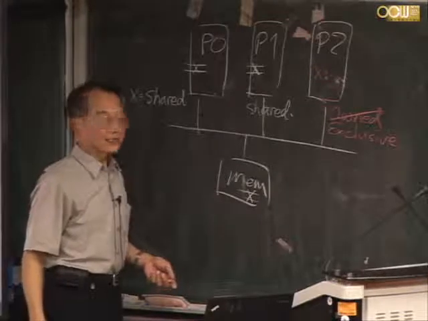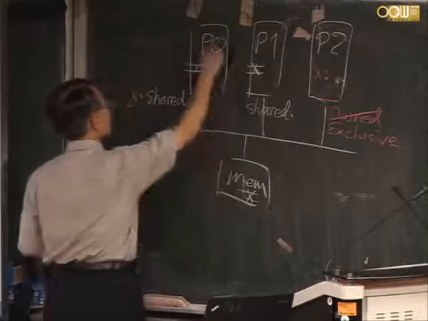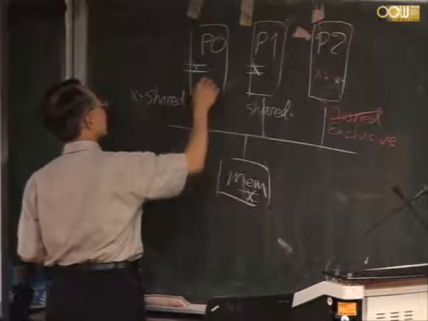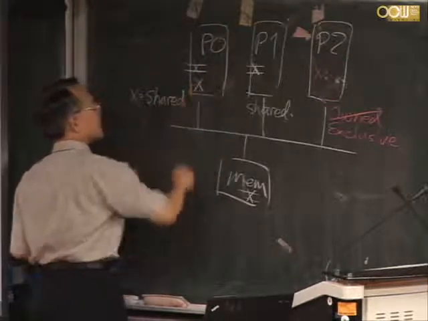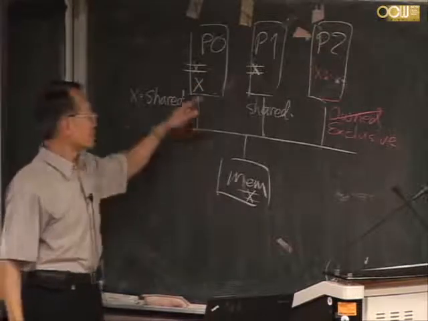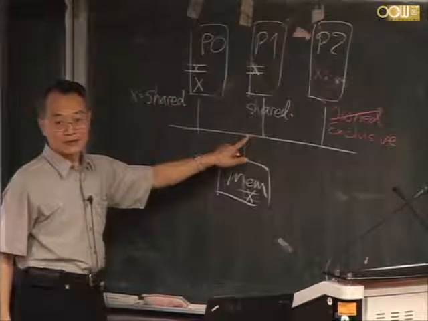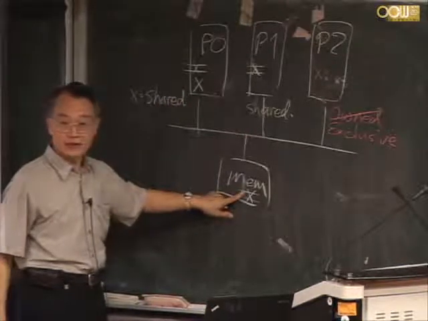So later, if P0 wants to read X, tell me what happens. The signal is sent out to the bus. Does the memory see it?